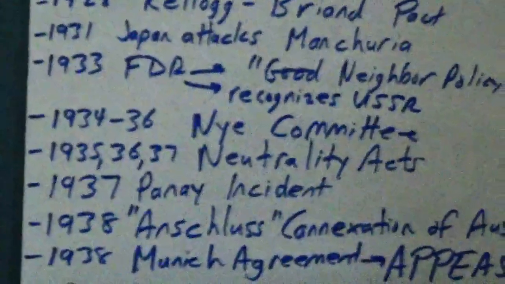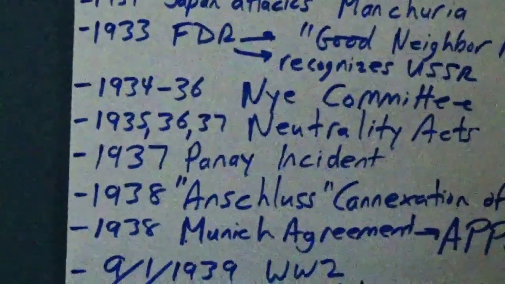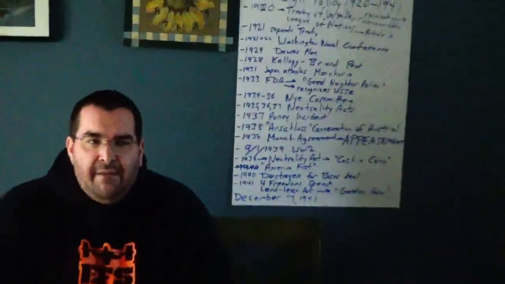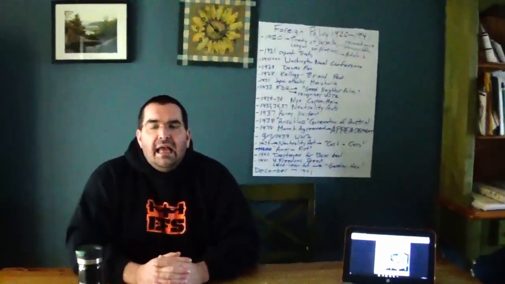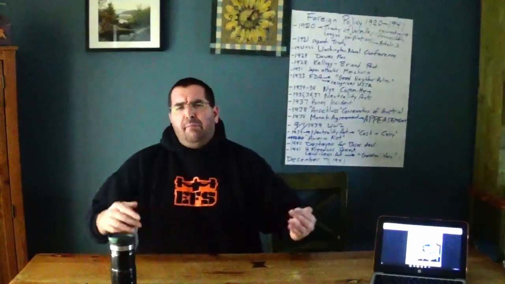1934 to 1936. One of the powers that Congress has is they can hold hearings to investigate things. Senator Nye, for 3 years, has a committee investigating why we got involved in World War I. For those of you who love conspiracy theories, this is right up your alley. The Nye Committee calls witnesses, and they go on and on. They make a big public spectacle, and they produce their findings.